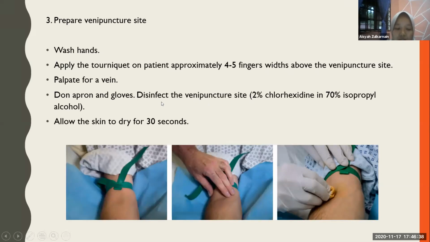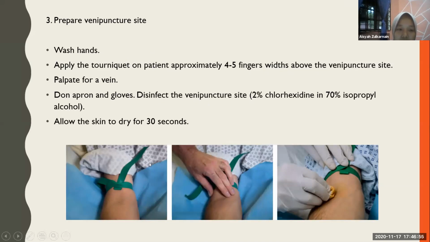And then after we inspect the patient's arm, we will apply the tourniquet approximately 4 to 5 fingers width above the venipuncture site, and then we will palpate for the vein.